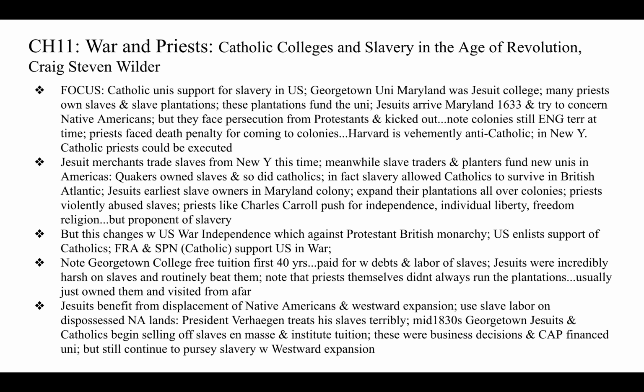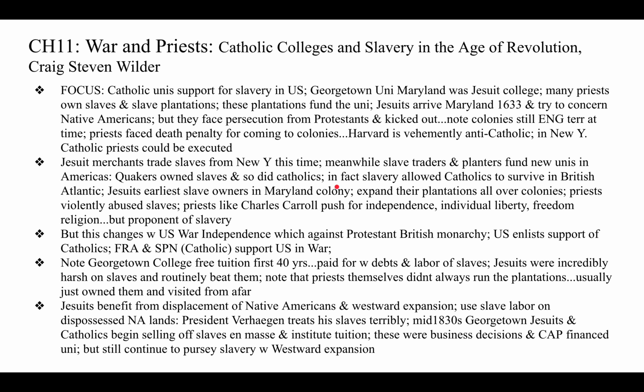They weren't really allowed to operate freely there. So a lot of Catholics made up for this by relying on slavery even more heavily to overcome their own persecution, I guess.